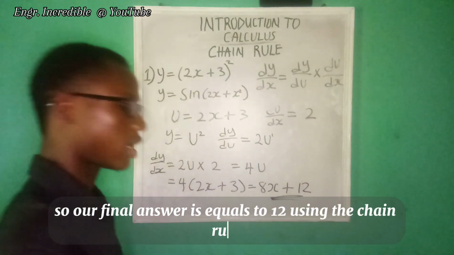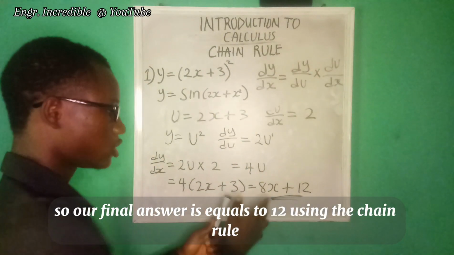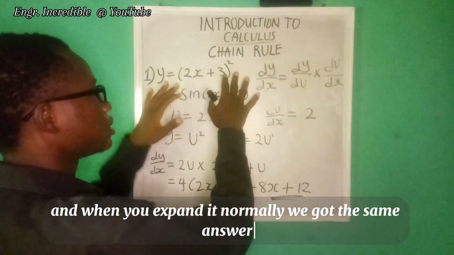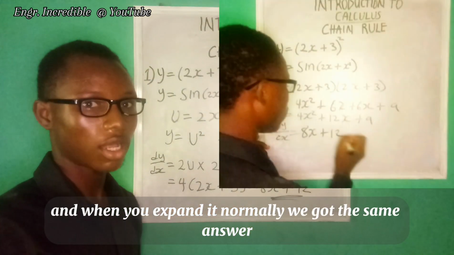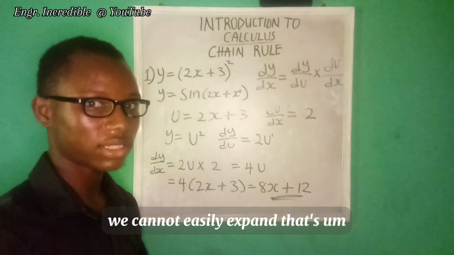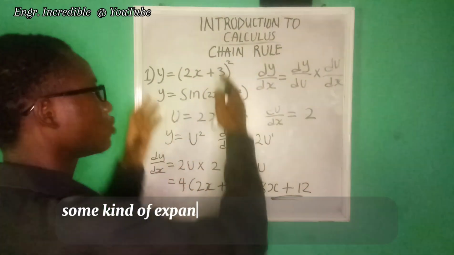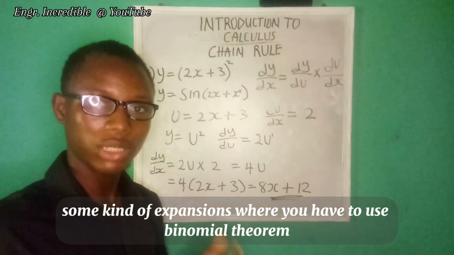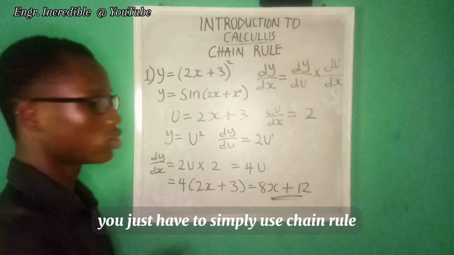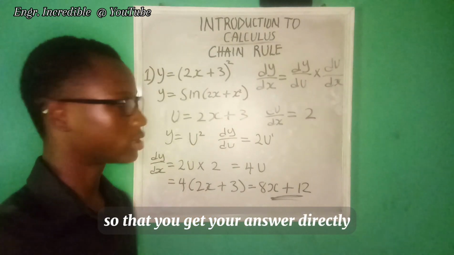So our final answer is 8x plus 12 using the chain rule. You will notice that using the chain rule and when you expand it normally, we got the same answer. But what if we are now given something that we cannot easily expand? There are some kinds of expansions where we have to use binomial theorem to get an answer. You just have to simply use chain rule so that you get your answer directly.